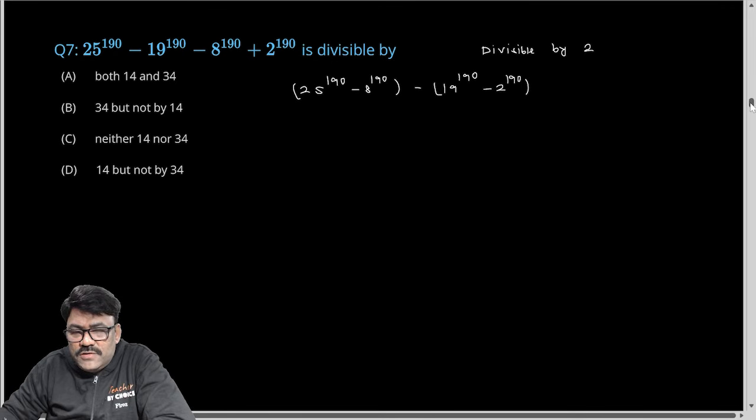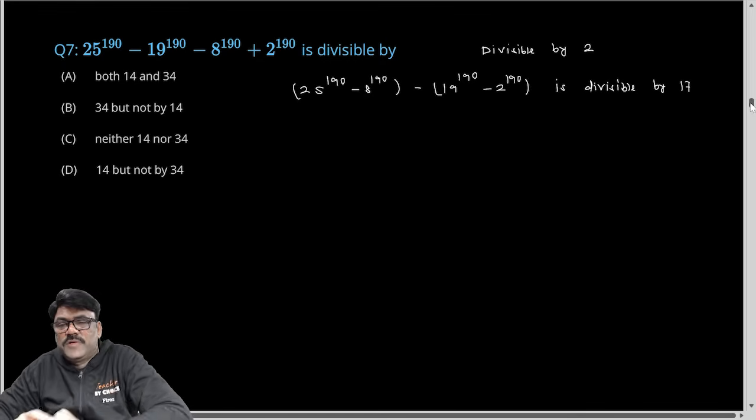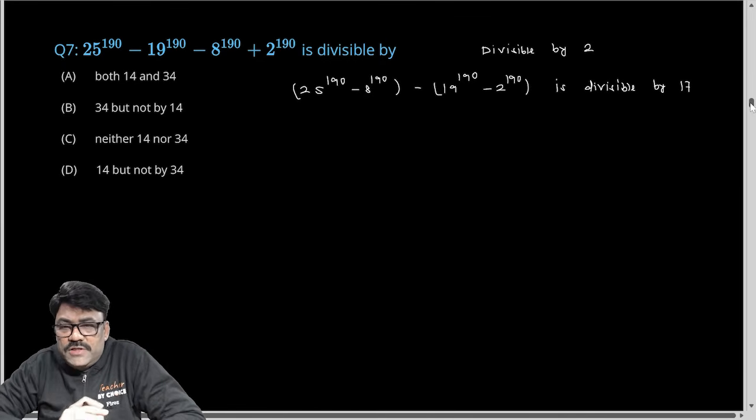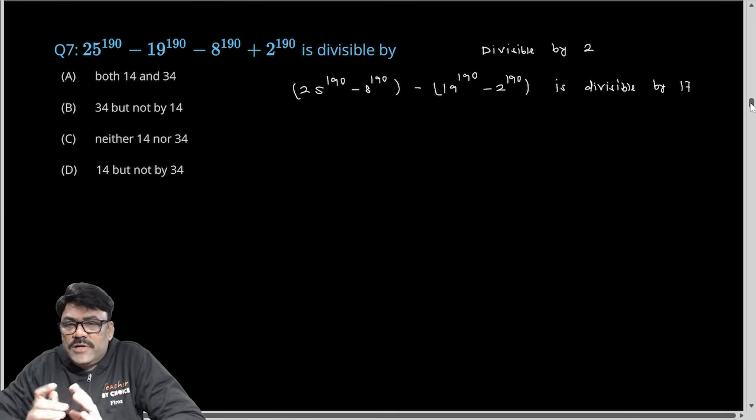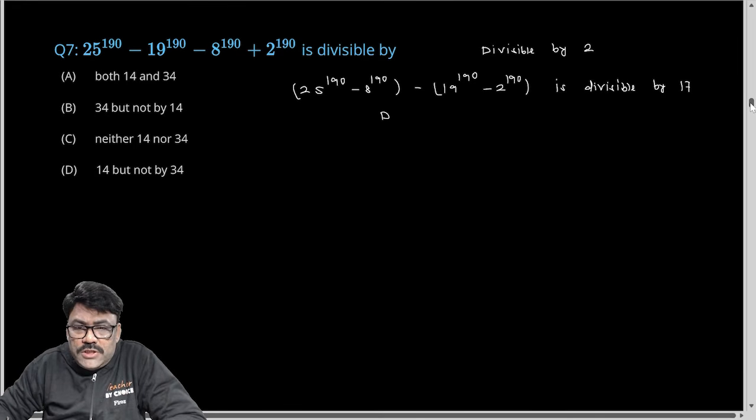So this first bracket is divisible by 25 minus 8, which is 17. And this second bracket is divisible by 19 minus 2, 17. So you can clearly say that it is divisible by 17. And since this expression is divisible by both 2 and 17, so hence it must be divisible by 34. So now you are sure that this given expression is divisible by 34.